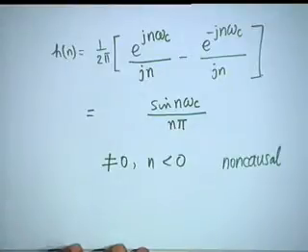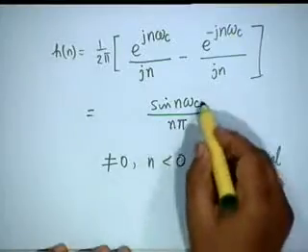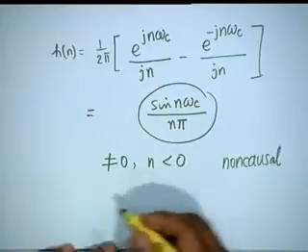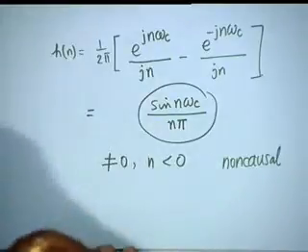There is another reason why it cannot be realized. That reason is that the system, this h of n, sine n omega c by n, is neither absolutely summable nor square summable. In other words, the system is unstable. Well, instability does not require square summability, it only requires absolute summability.